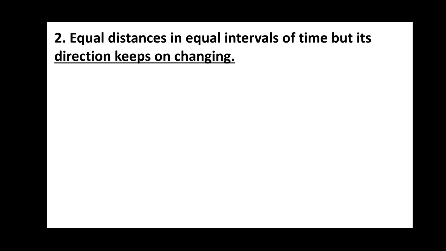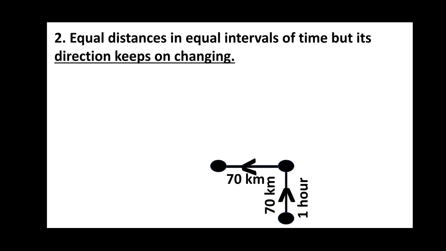That is, if a car moves 70 km north in the first hour of its journey, 70 km west in the second hour of its journey, and 70 km northwest in the third hour of its journey, then it is said to have a non-uniform velocity. Here, the direction keeps on changing, so it is said to have non-uniform velocity.